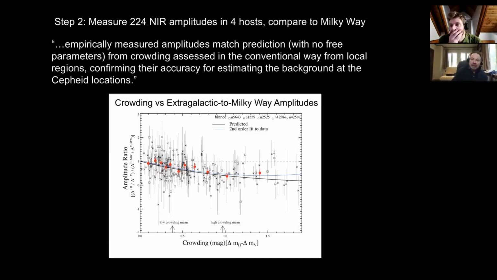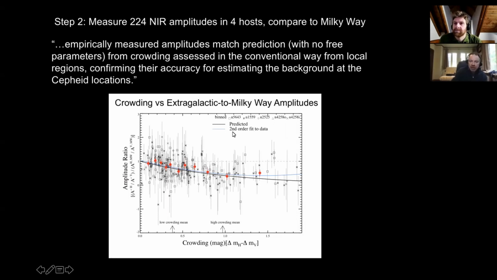So this is sort of the key figure in the plot. On the x-axis is the crowding that we measure locally. So that's the conventional approach. And on the y-axis is the ratio of the amplitude of the extragalactic Cepheid to the Milky Way. Maybe the key line from the abstract is that empirically measured amplitudes match the prediction.